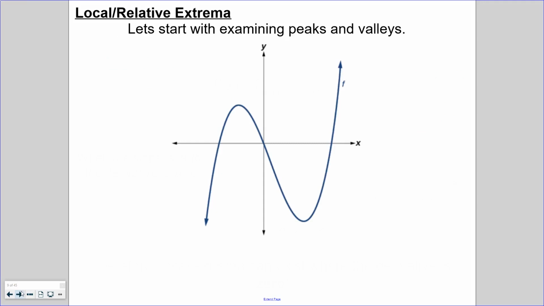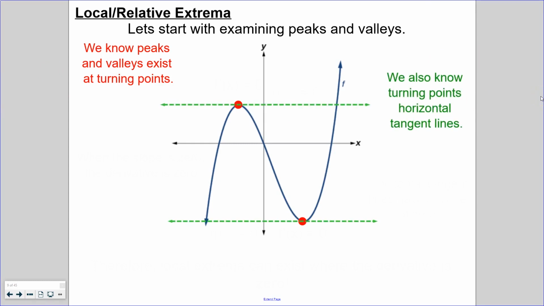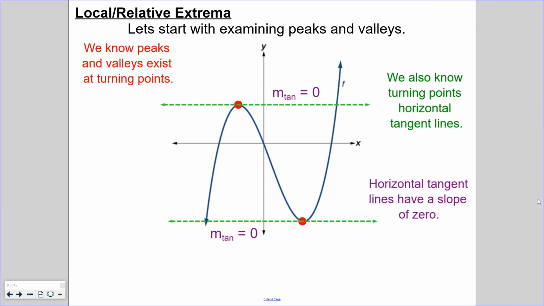Anyways, all right. So we know that at peaks and valleys there exist turning points. We also know that at turning points we are going to have a horizontal tangent line. So we can see here that we can draw a horizontal tangent line through the peak and through the valley. And since we have horizontal tangent lines, the slope of a horizontal line is 0.